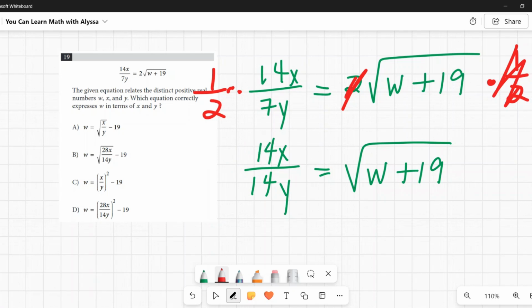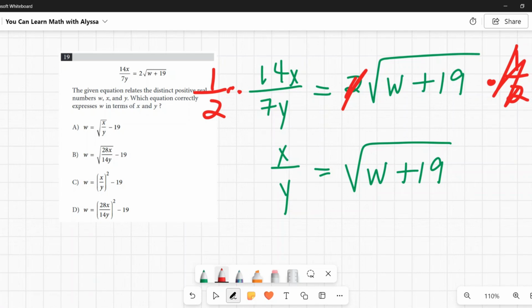But here it's even easier. 14 and 14: 14 goes into 14 one time, 14 goes into 14 one time. So it's just 1 and 1, and I am left with just x and y. So x over y equals the square root of w plus 19.